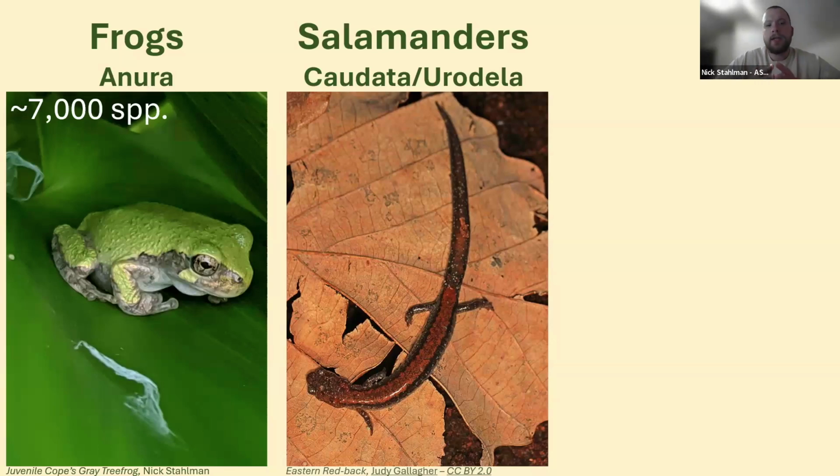Caudata is essentially all extant, or still living, so the opposite of extinct, and extinct or fossil specimens of salamanders. Urodela is just the extant salamanders. So just the salamanders that are still around or from recent times. And the reason why there's this distinction is some of the fossil records might be different lineages.